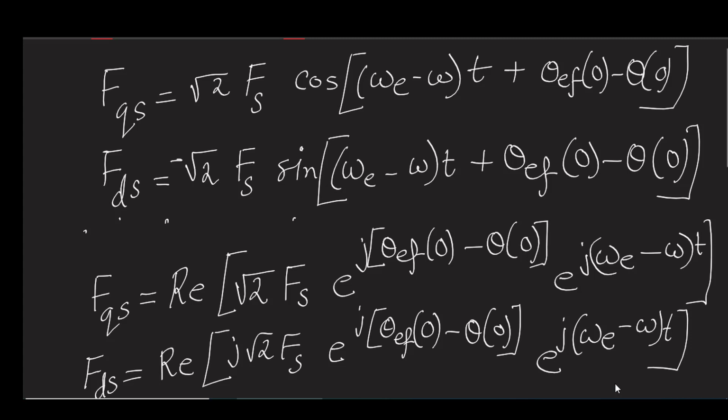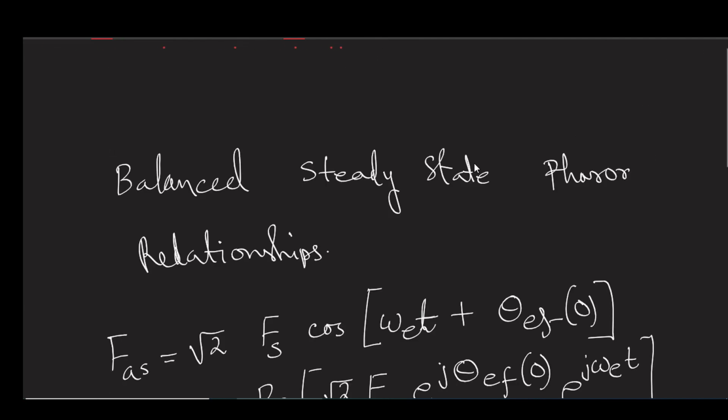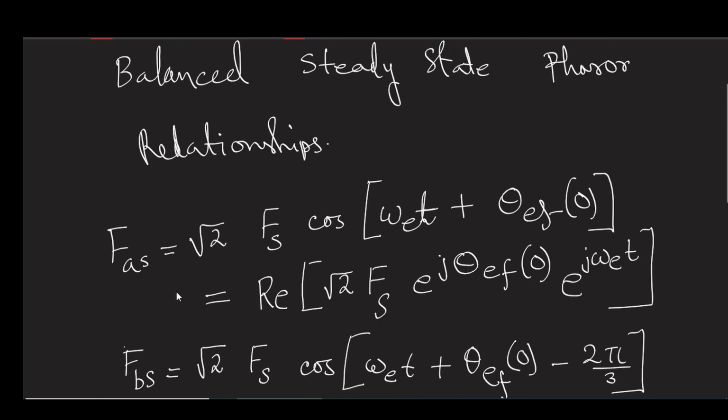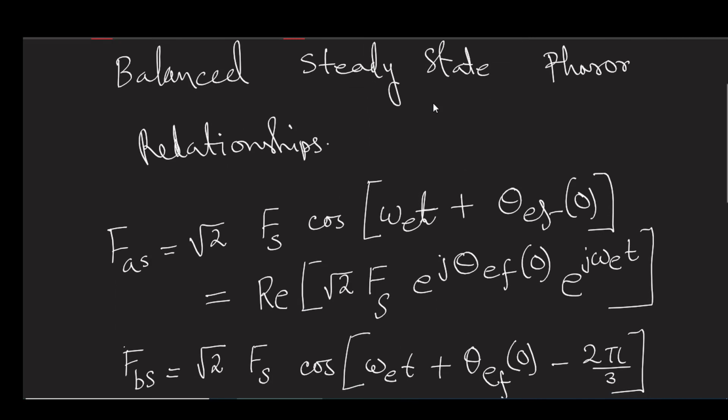Now from our balanced phasor representing the as variable, as means the first phase instantaneous value, this Fas, this is the steady state value.